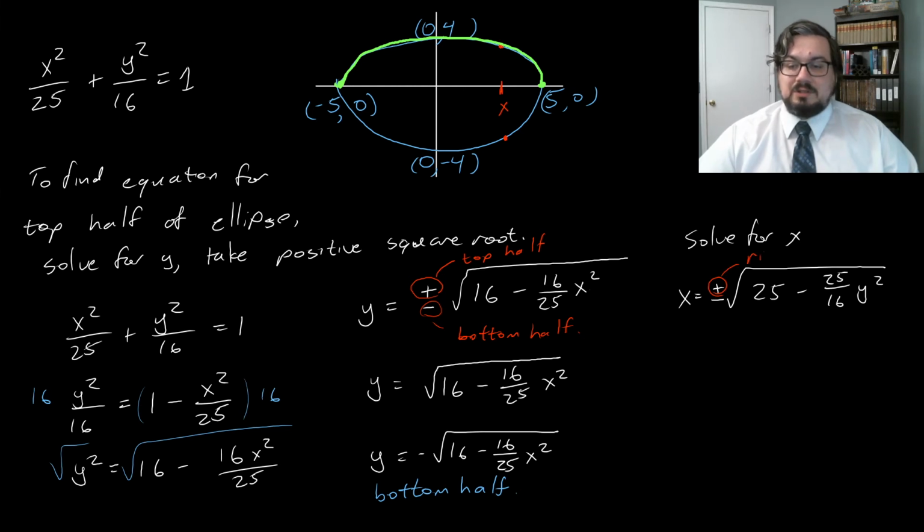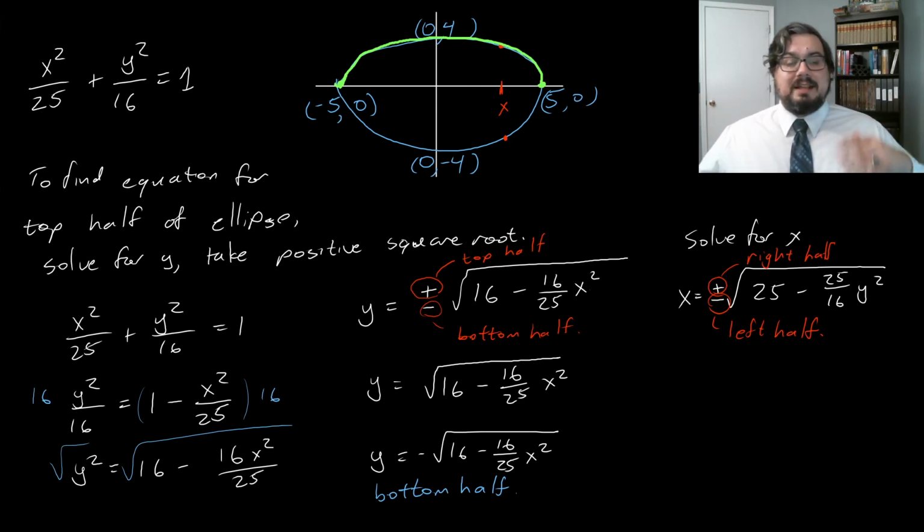The plus corresponds to the right half of the ellipse, the part of the ellipse that sits on the positive x region of the plane, and the negative corresponds to the left half of the ellipse. So going through this process, we can get descriptions of the top half, bottom half, right half, or left half of the ellipse simply by solving for one of the variables and then making a choice as to which version we want to choose, either the plus or the minus square root expressions.